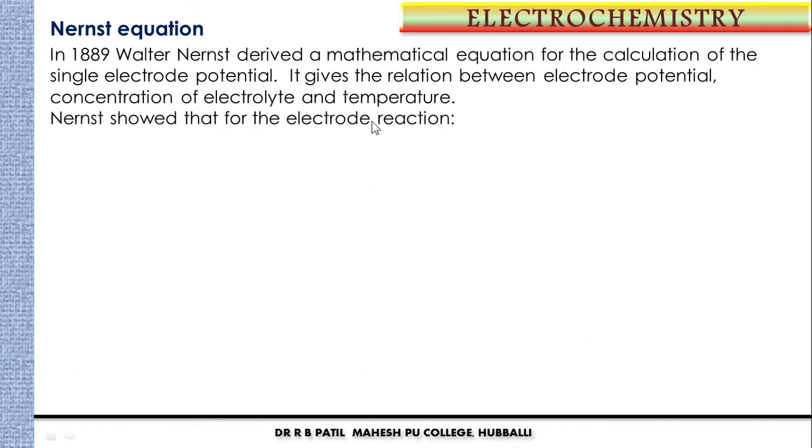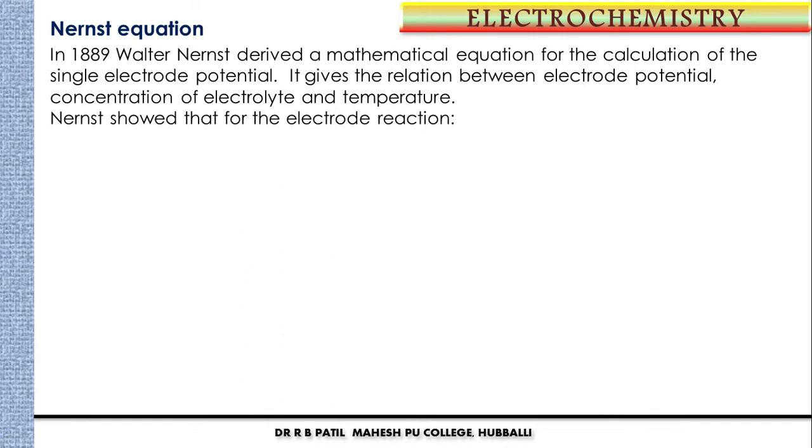So what is the Nernst equation? It helps you calculate electrode potential of a half cell or a single electrode.